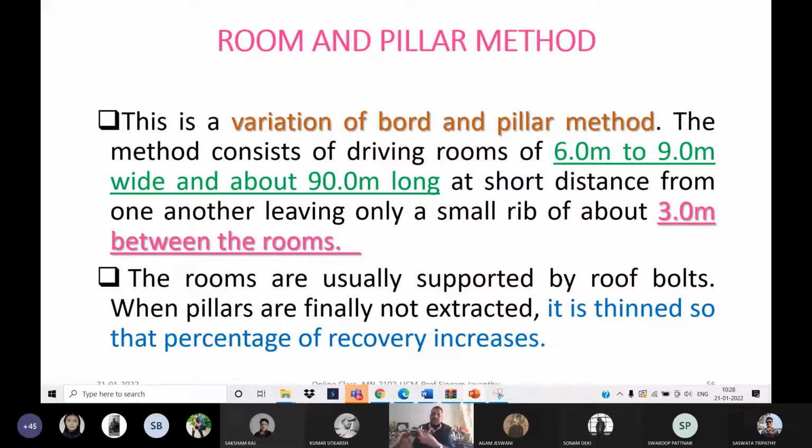Same terminology we use even in India, as it is used in room and pillar in other countries, where this rib will be reduced, right? And that decision is taken by the grassroots level, of course under the supervision and guidance of their strata control engineer and their shift overman, and then shift under manager and their safety officer, assistant manager, all those people are involved technically in taking decision on all this excavation process.